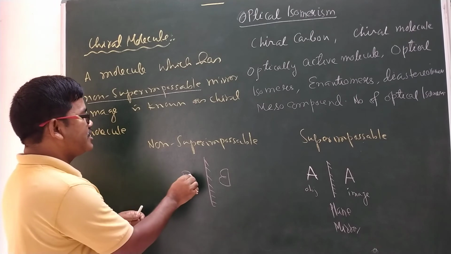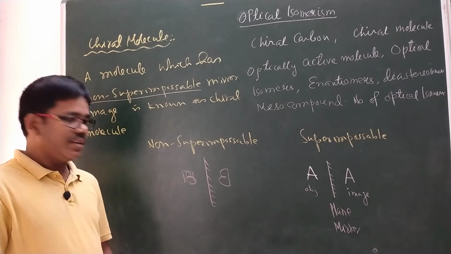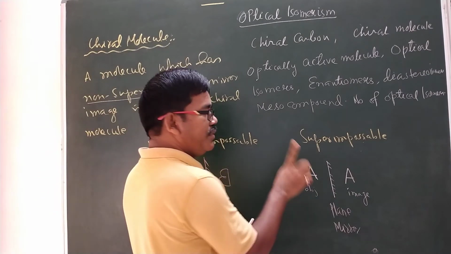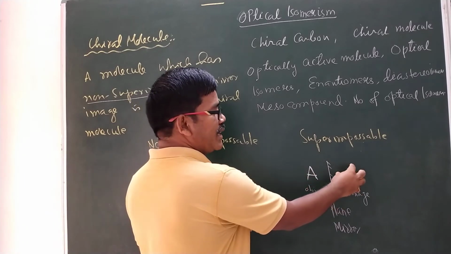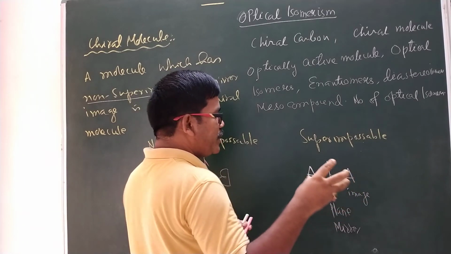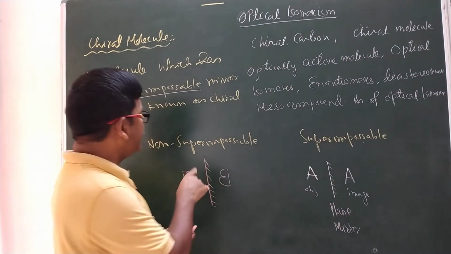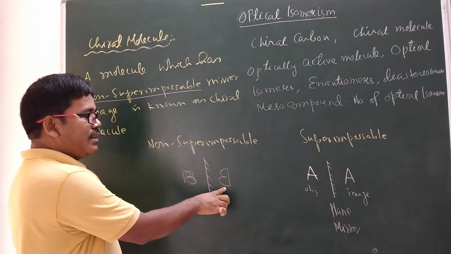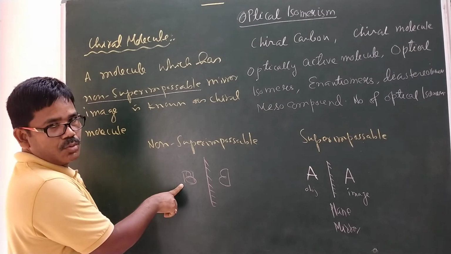It looks different. In the case of A, if you take out the image and paste on the object, we will see only A. But in case of B, the image pasted on the object looks like two different things.